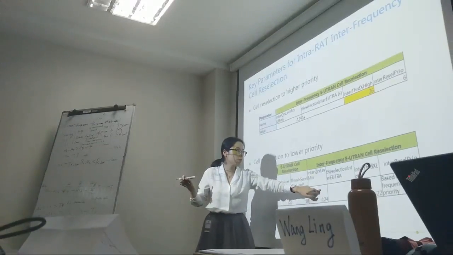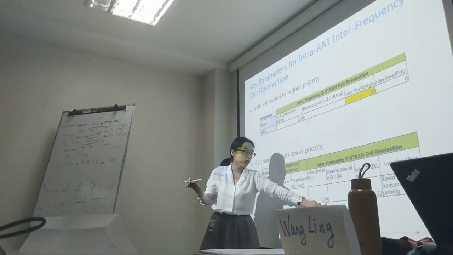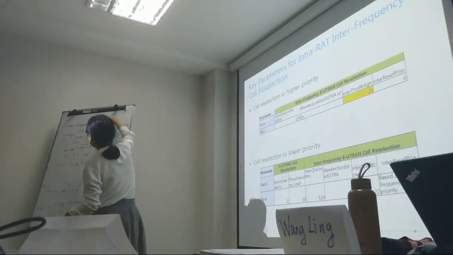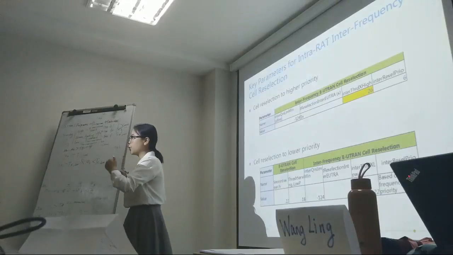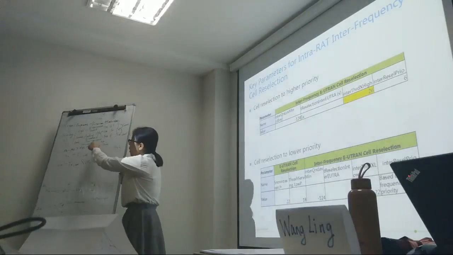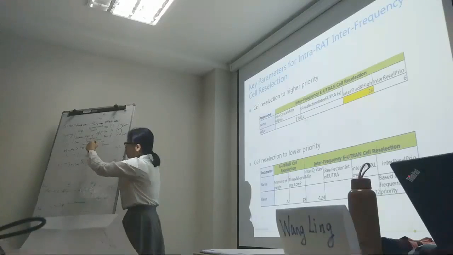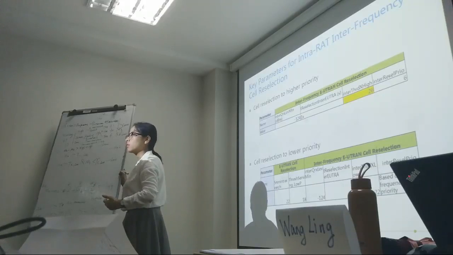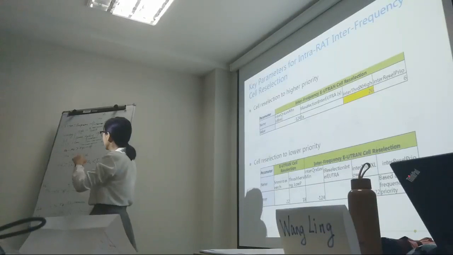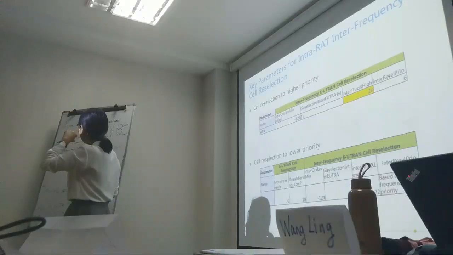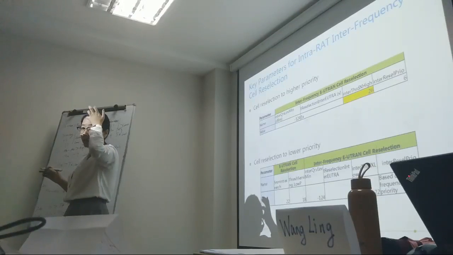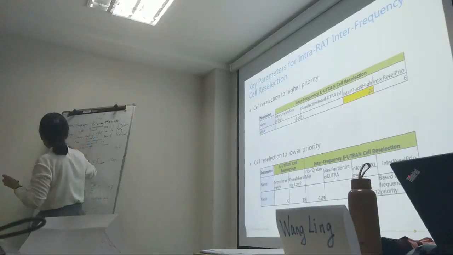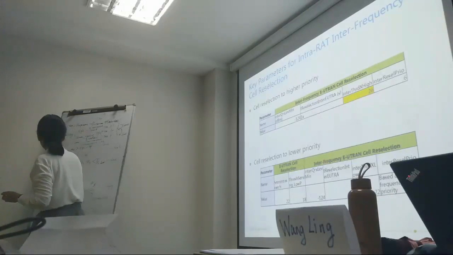And for the minimum received is minus 124. And we don't consider this. So when the UE will perform the measurement, the SIntraSearch is 22. From this value, we can calculate that.